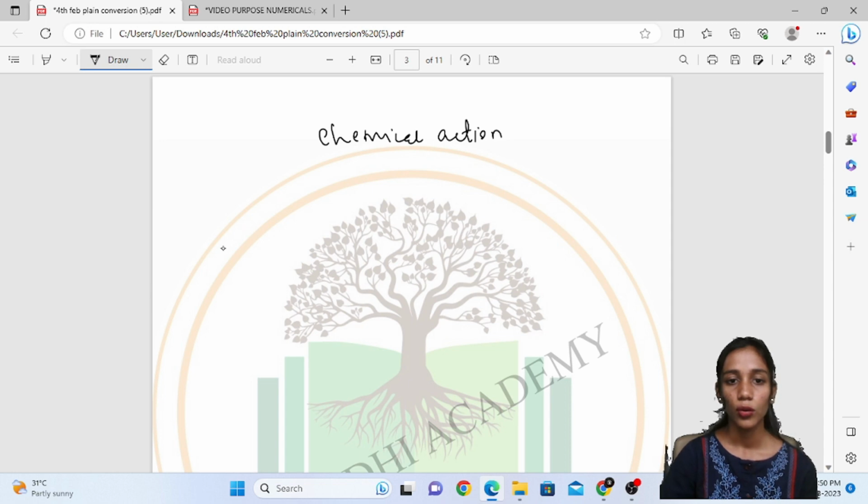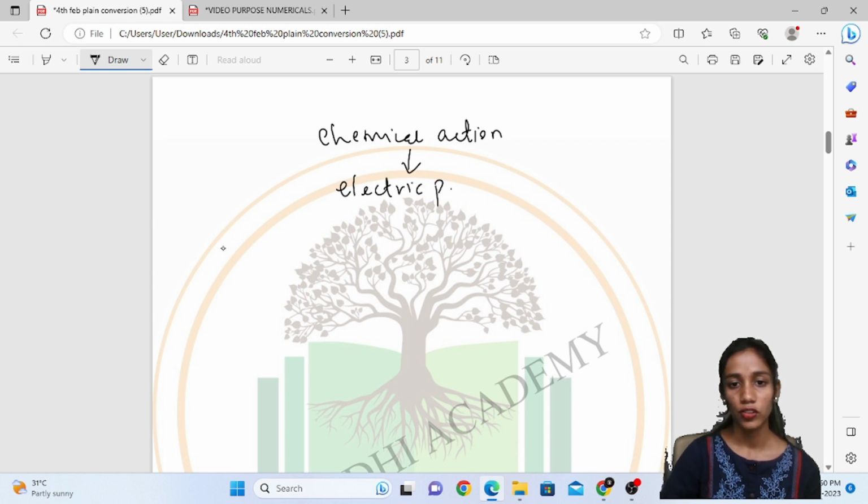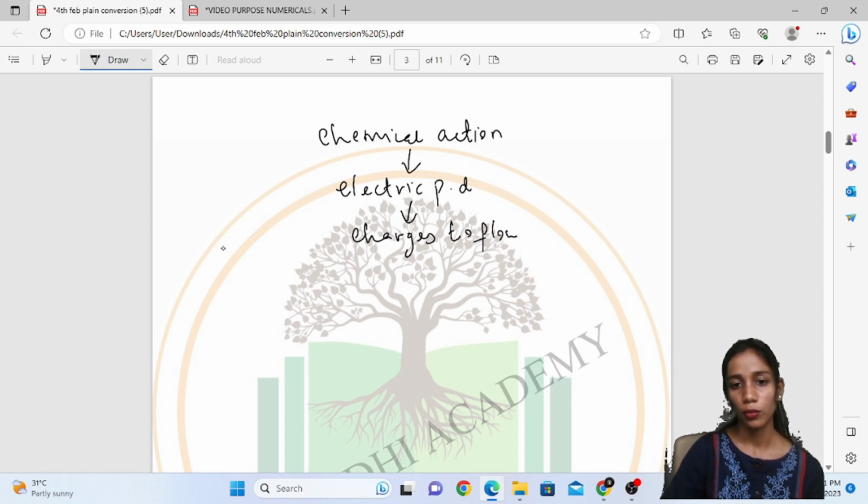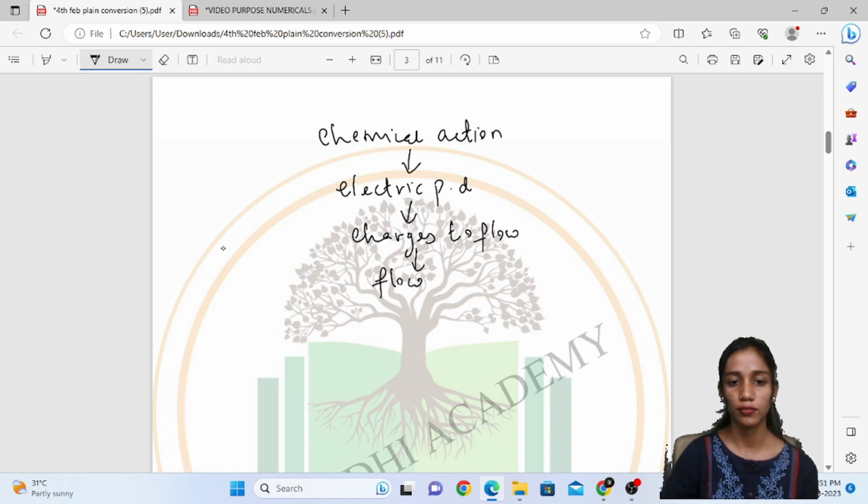This chemical action produces an electric potential difference, which then gets the charges to flow, which then leads to the flow of current.